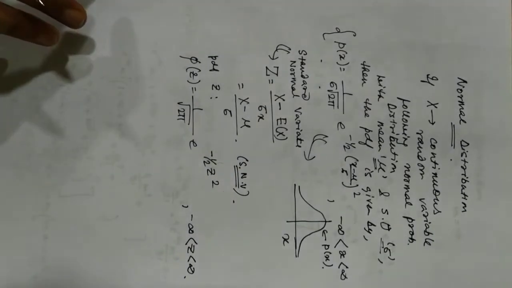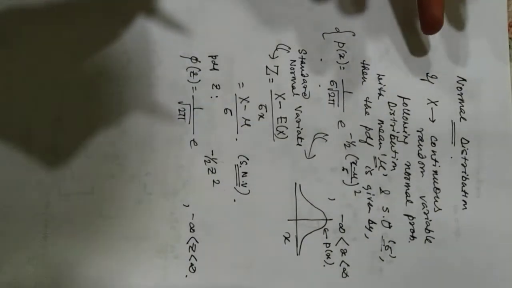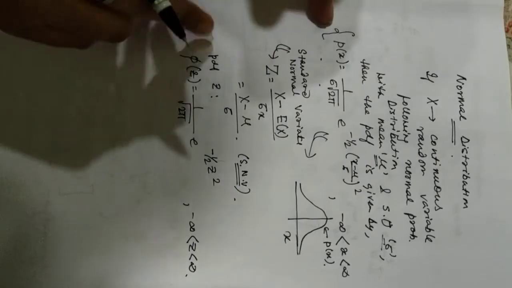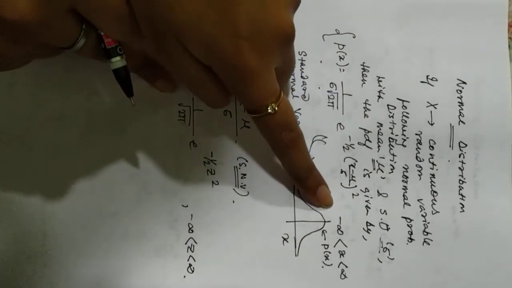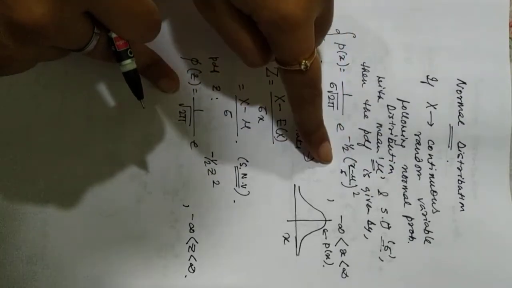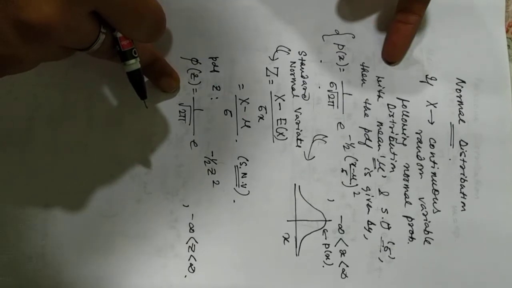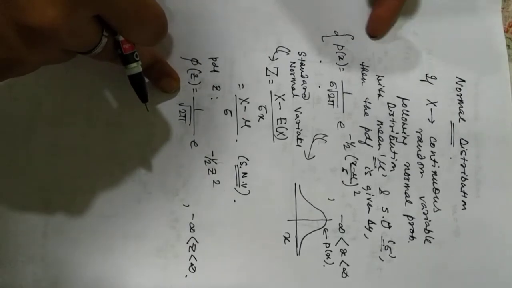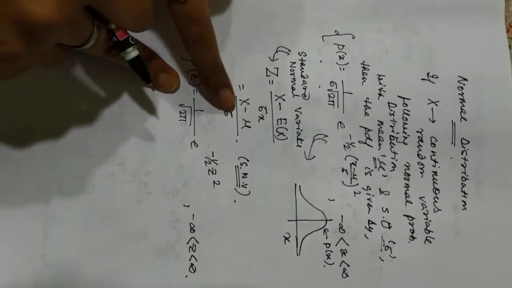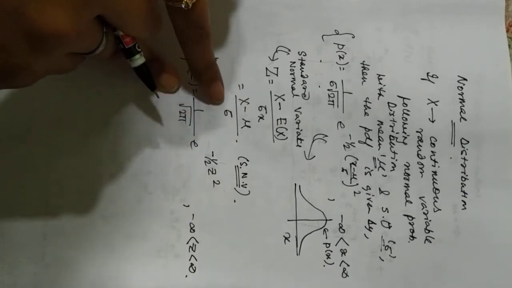Okay. So I would like to repeat in brief that if we have a continuous variable x following normal probability distribution, the probability distribution function has the form like this, where mu and sigma are the mean and standard deviation respectively. Associated with the continuous random variable for normal distribution, each variable can be associated with a standard normal variate, which is nothing but the normal variable minus mu divided by sigma.